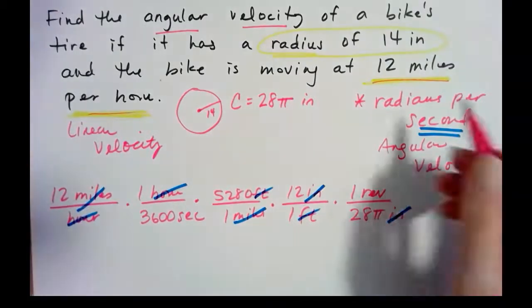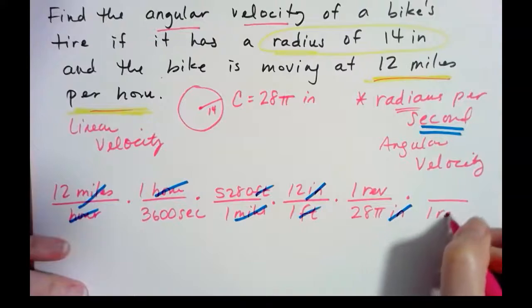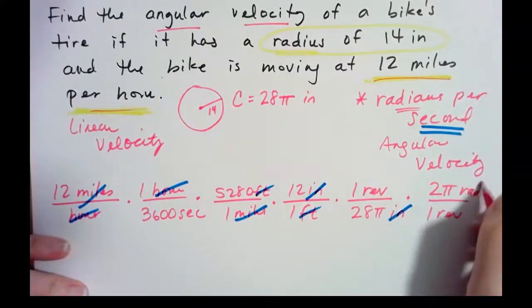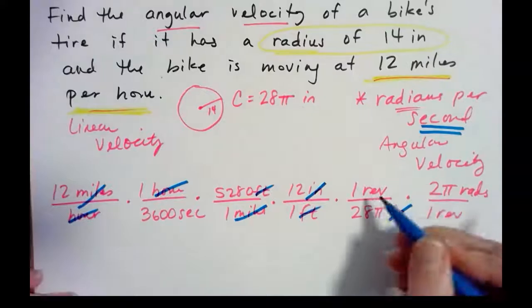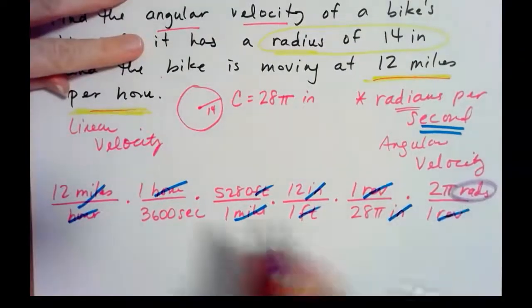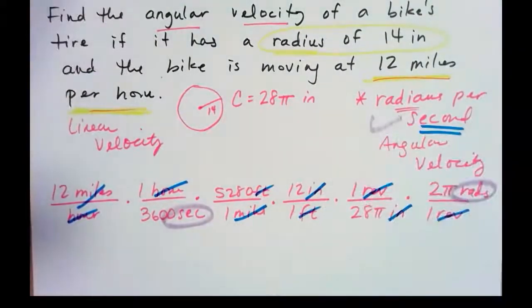We want to go one step further and get all the way to radians. 1 revolution is equal to 2 pi radians. Now revolutions cancel. And the only remaining units we have are radians and seconds, which is exactly what we want.